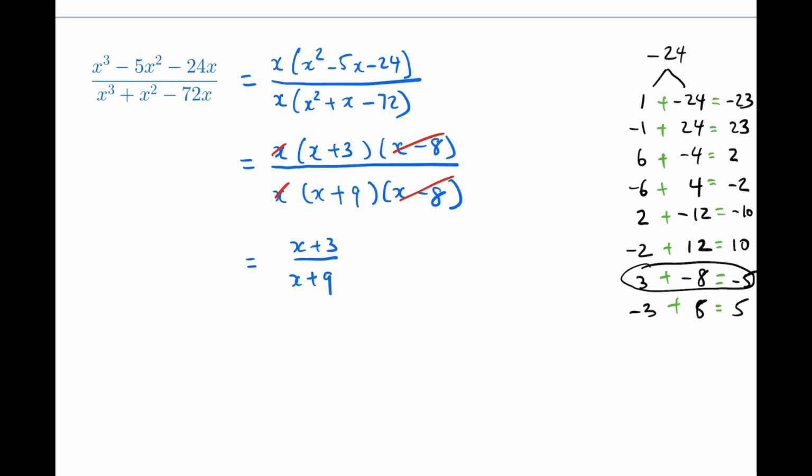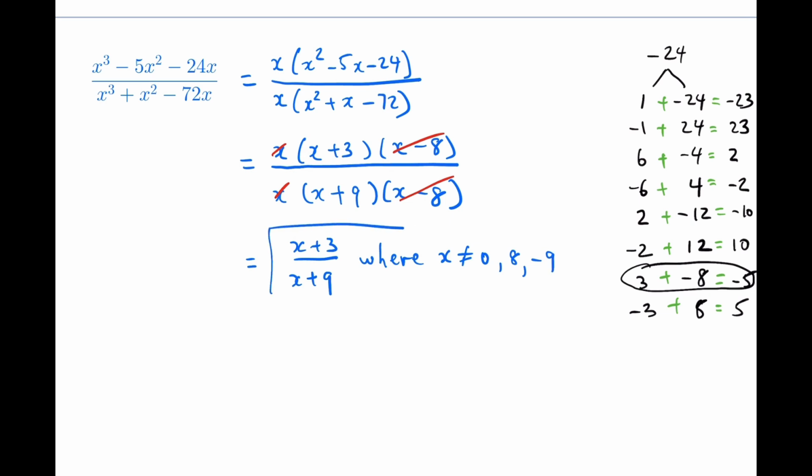So then we would say that the answer here is x plus 3 over x plus 9, where x does not equal 0, 8, or negative 9.